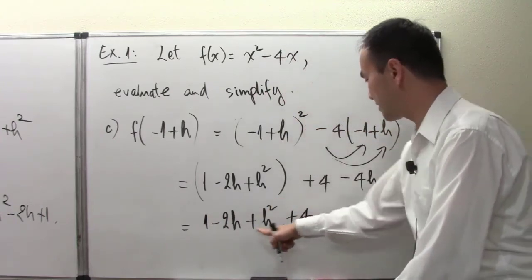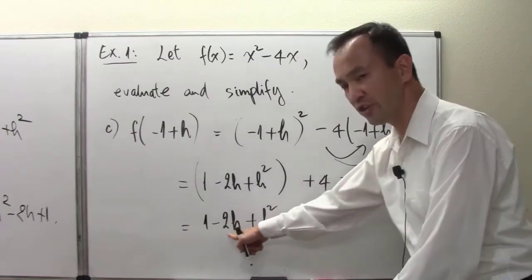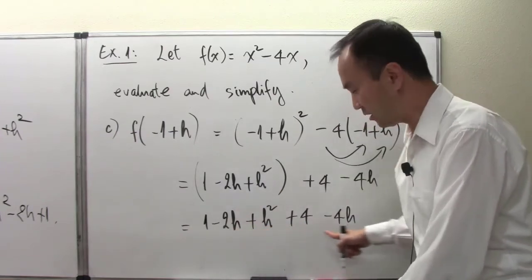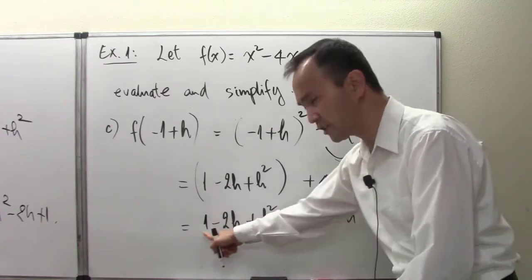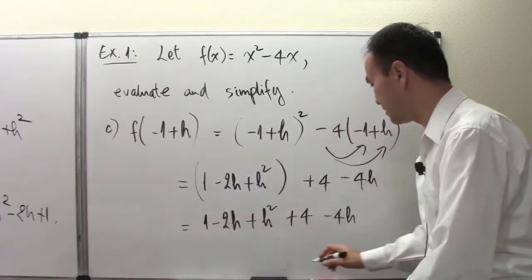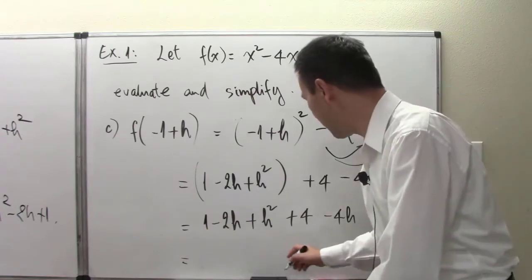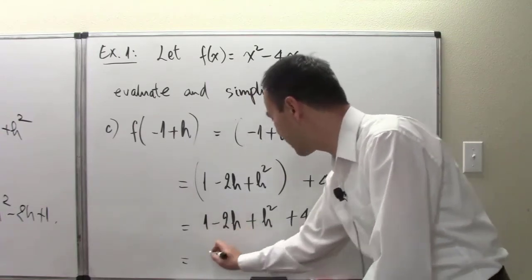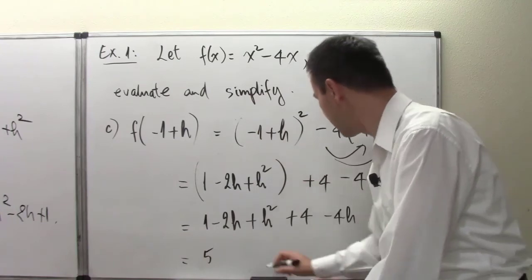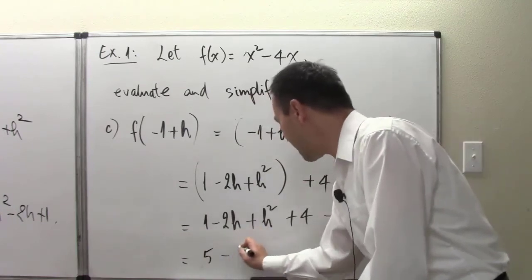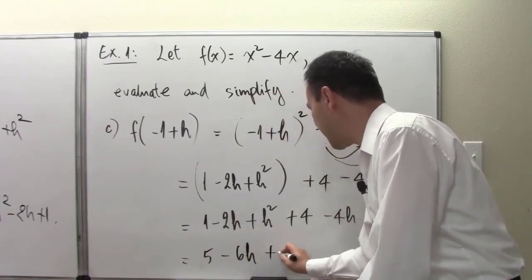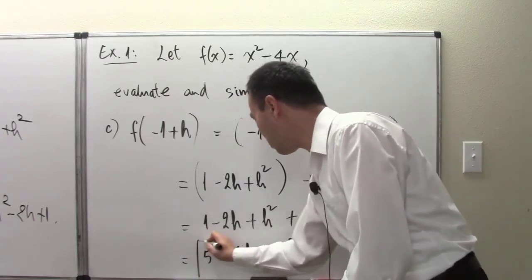And now realizing these two h terms are like terms and these two constant terms are like terms again. So now our final expression is simplified as follows. These two combined together give me a 5, and then minus 6h, plus h squared. Okay, that's one way of seeing it.